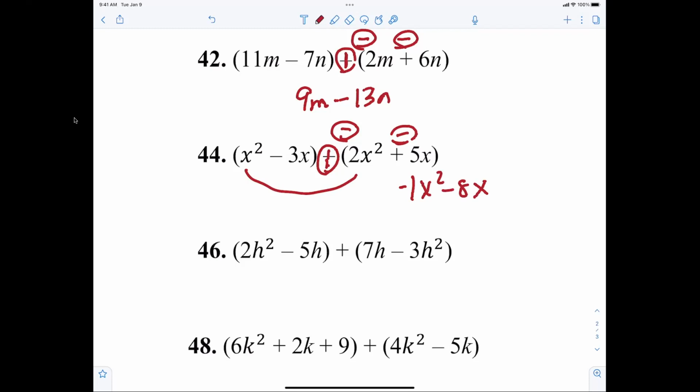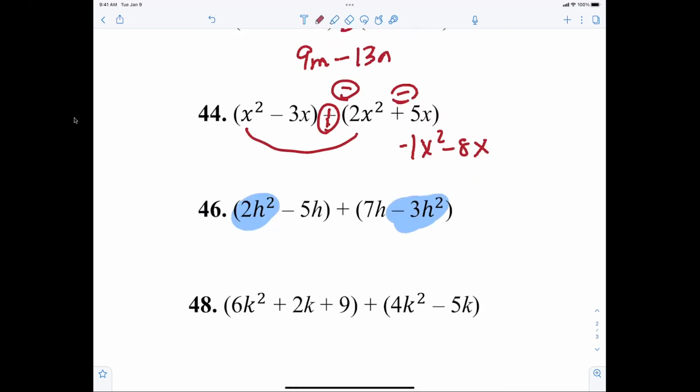London, help me. What two go together? Yes. And what is that? Yes. Good job, girl.